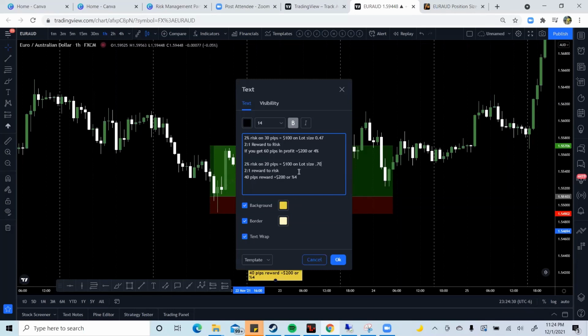So because of that lot size being bigger, but your risk not going up, when you do that 40 pips, yes, you make the same 200, but 60 pips, what was the previous trade's take profit, is equal to $300 or 6%.